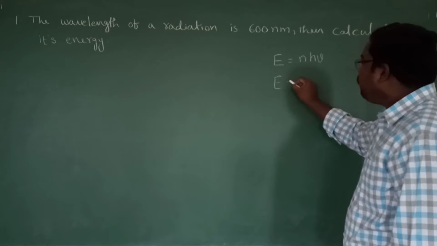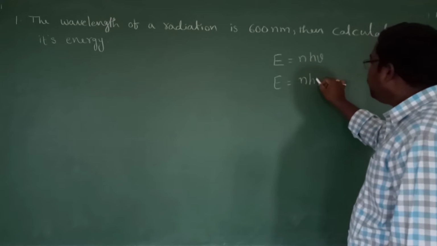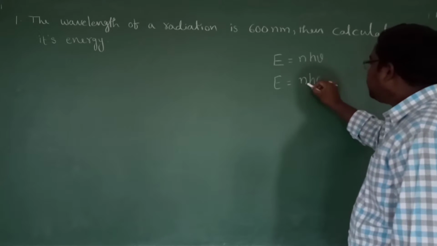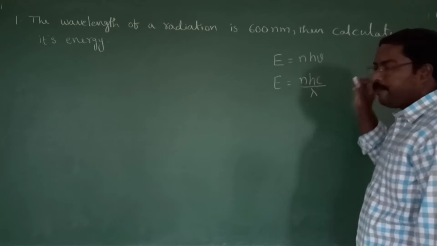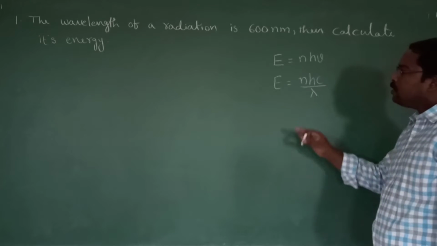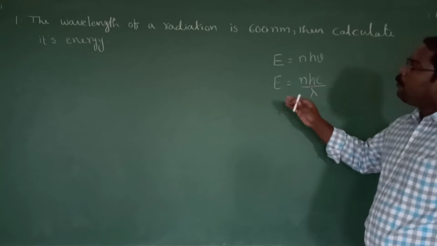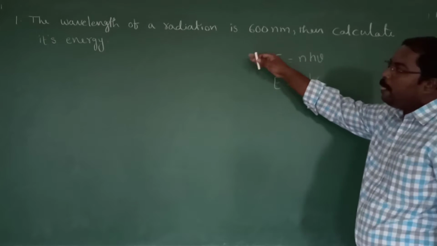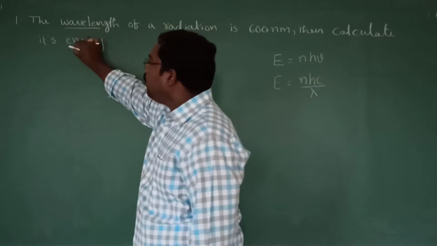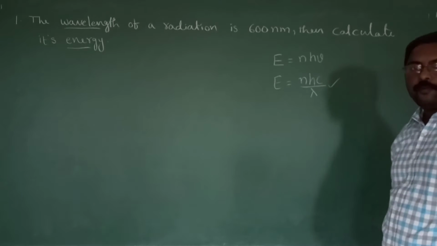In terms of wavelength, the above formula we can write as nhc by lambda, because frequency is nothing but c by lambda. These formulas, everything we discussed yesterday. Now, what formula do we need to use here? Here, they are asking the relation between wavelength and energy, so directly we can use this formula.